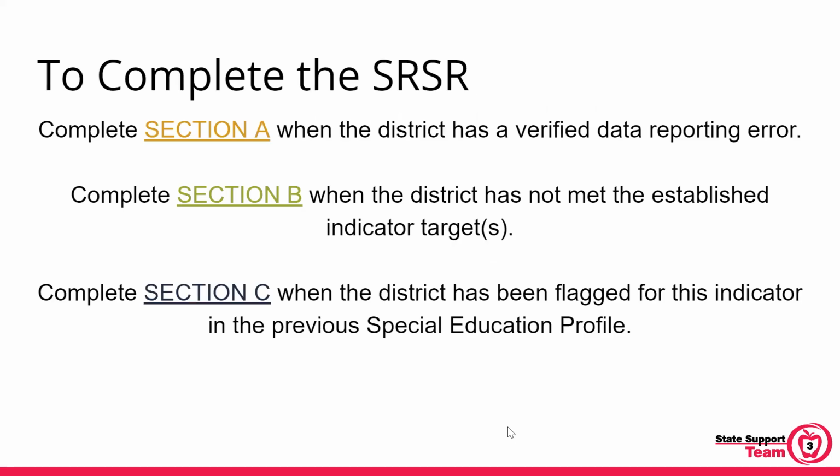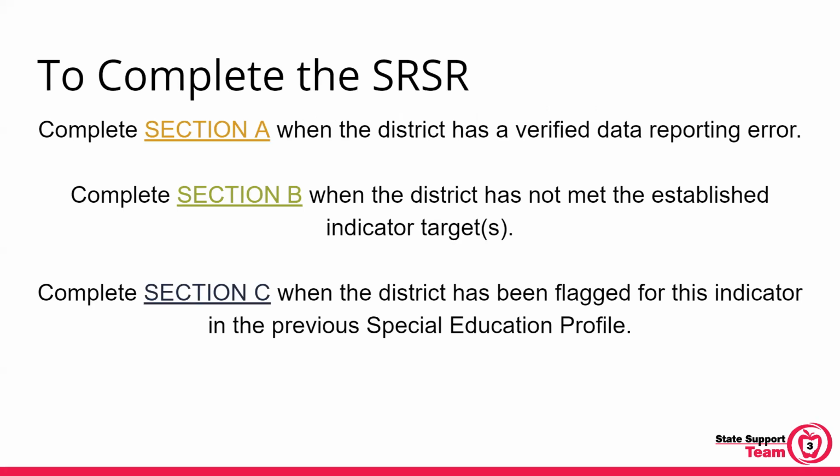Okay, so with the SRSR, there are basically 3 sections. Now, if you're a district that has both an indicator 1 and an indicator 2 finding, you do not have to do the SRSR for each of those.